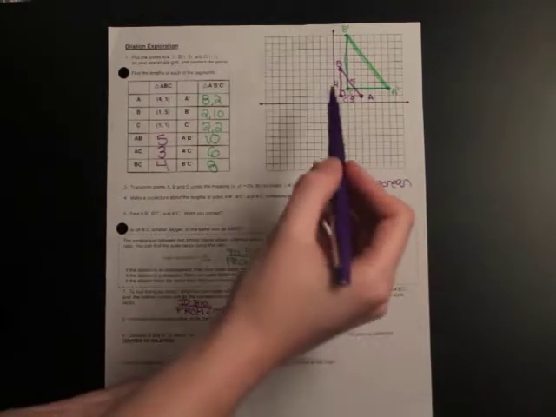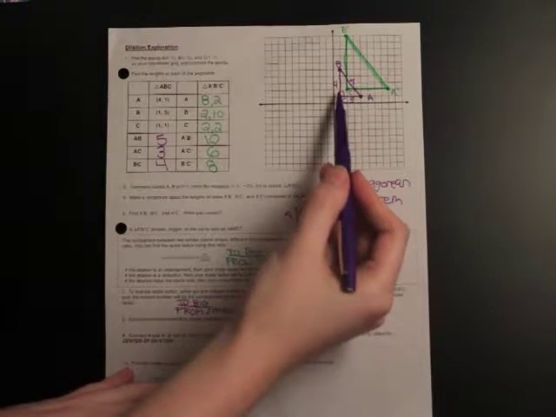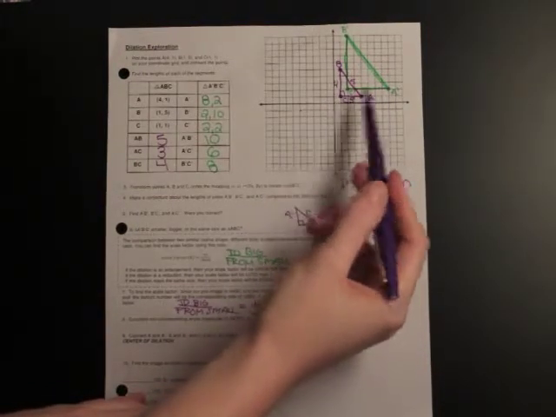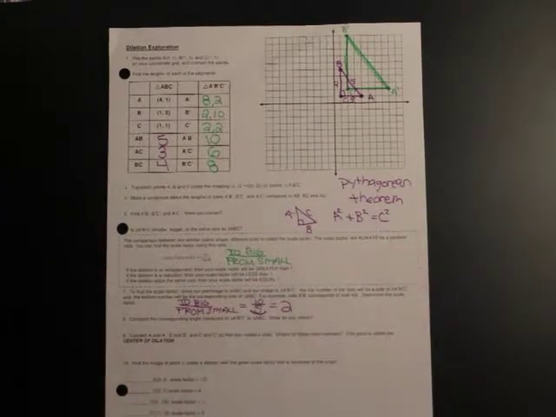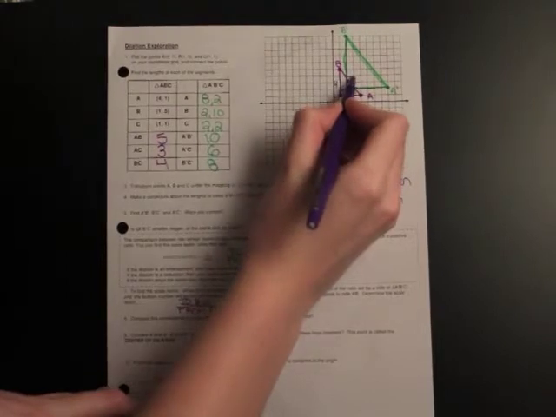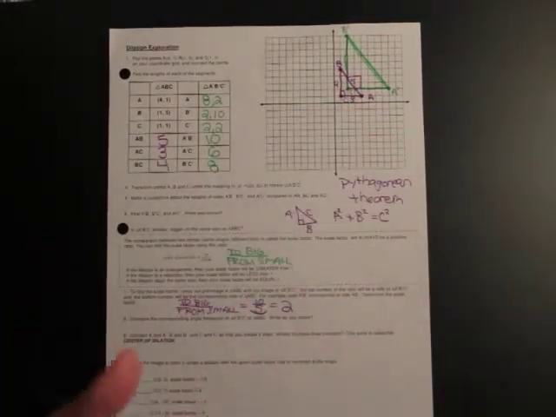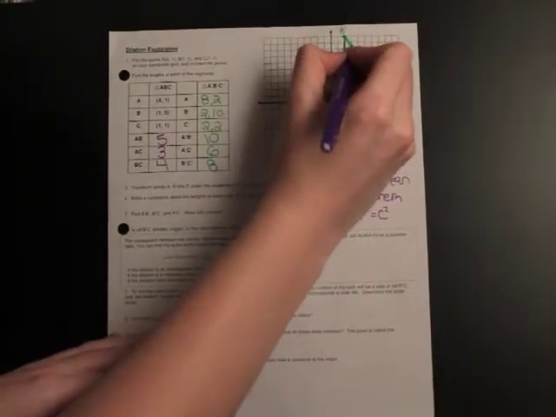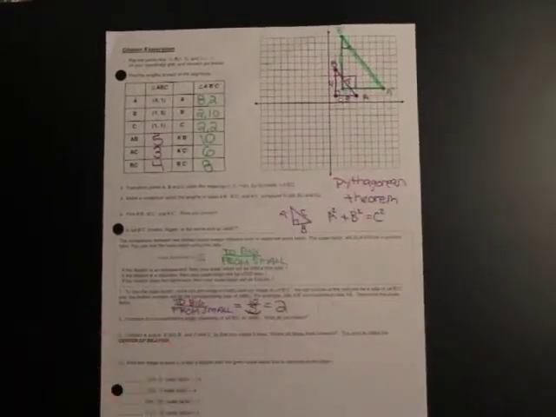If we look at the angles of our small triangle, and then we look at the angles of our big triangle, what is the relationship between those? So if we look at this angle here, angle C, and then angle C prime here, they're both right angles, right? And if we look at B and B prime, these angles are the same as well.